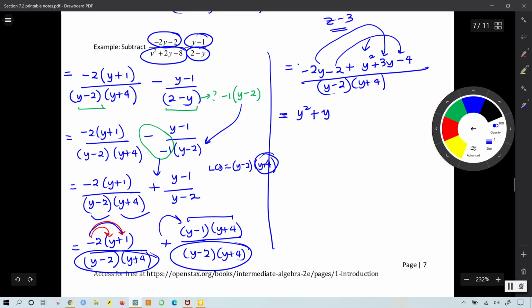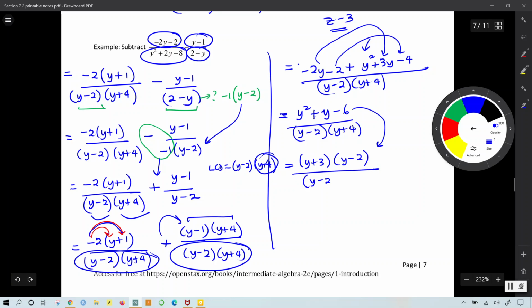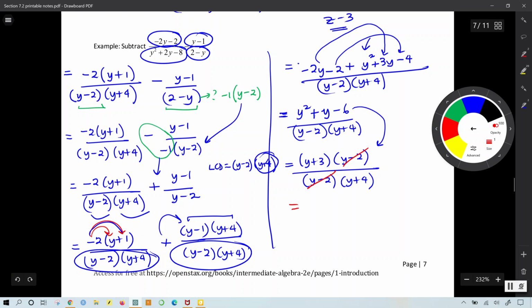Negative 2 minus 4 is negative 6, divided by y minus 2, y plus 4. Note that this factors even further into y plus 3 and y minus 2, divided by y minus 2 times y plus 4. So that cancels out and you have y plus 3 divided by y plus 4 as the final answer.